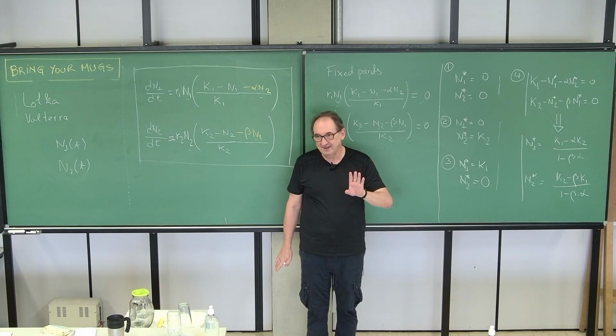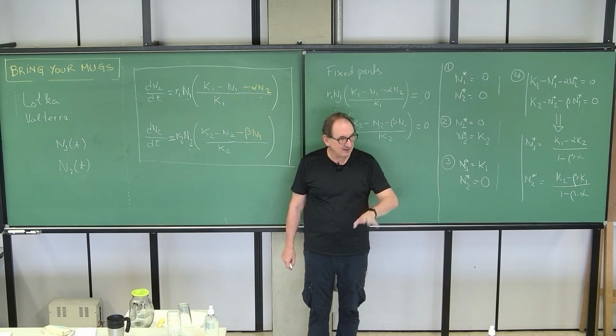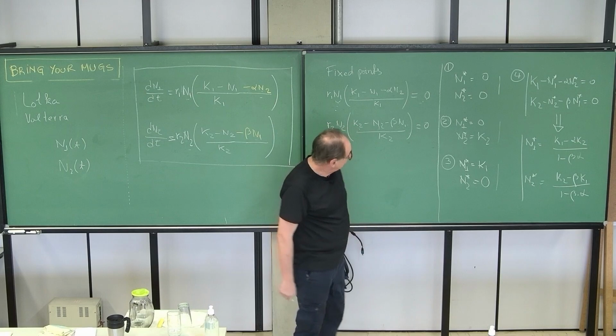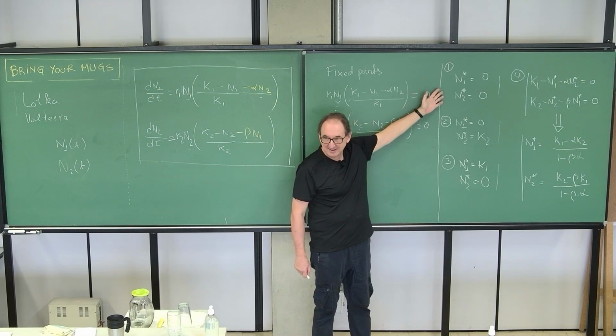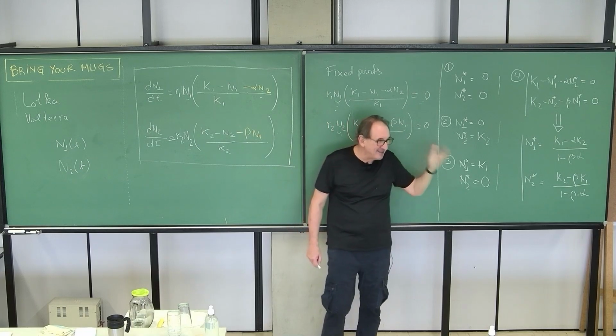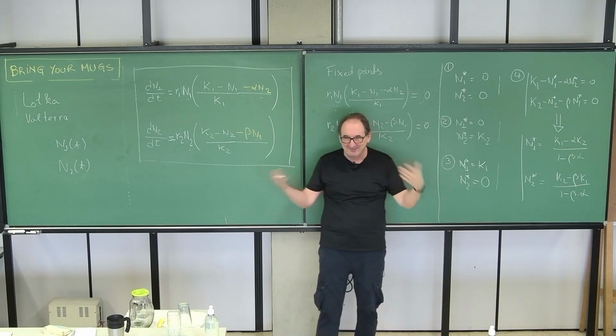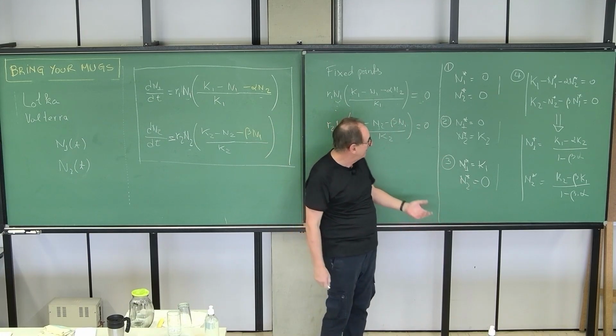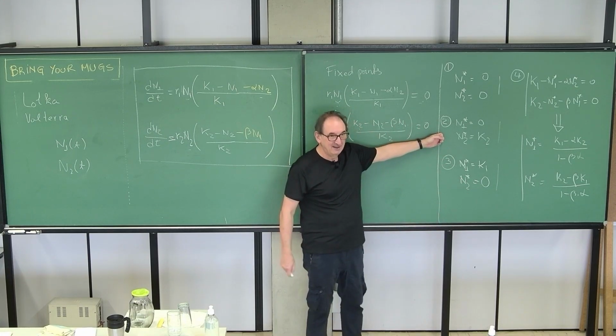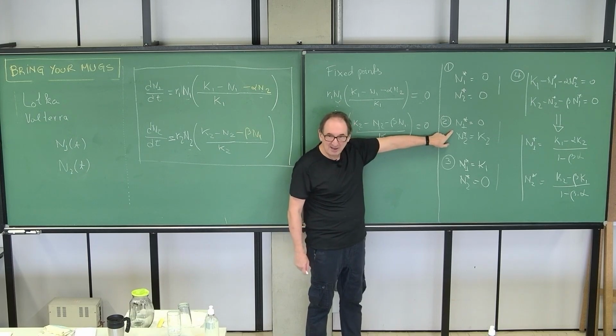But for the time being, let us make an interpretation. This is the absence of both species. The absence of both species is obviously always a fixed point, because if you don't have either species, none can appear from anywhere. This one means that species 1 was eliminated at the end.